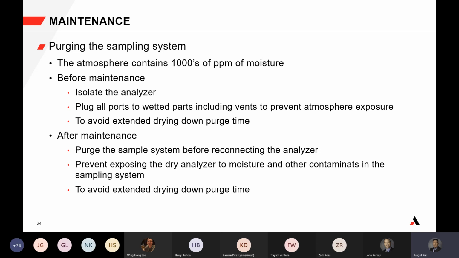Semiconductor plants or air separation plants that supply nitrogen, oxygen, argon to semiconductor plants, they really remove impurities, in most cases down to 10 ppb or less before it is even supplied. But as a safety, they still install purifiers to remove moisture.